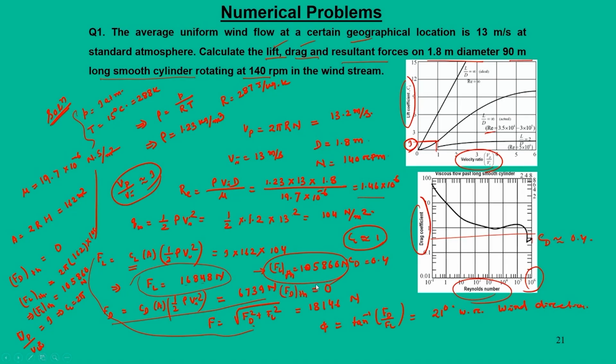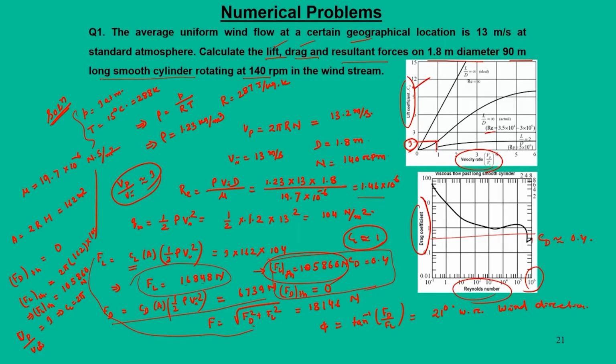So, the net effect is that the ideal theory does not give the real replication of experimental observations. So, we must use the experimental data as a benchmark to calculate the CL and CD when you design a wind turbine. So, this is all about these problems.